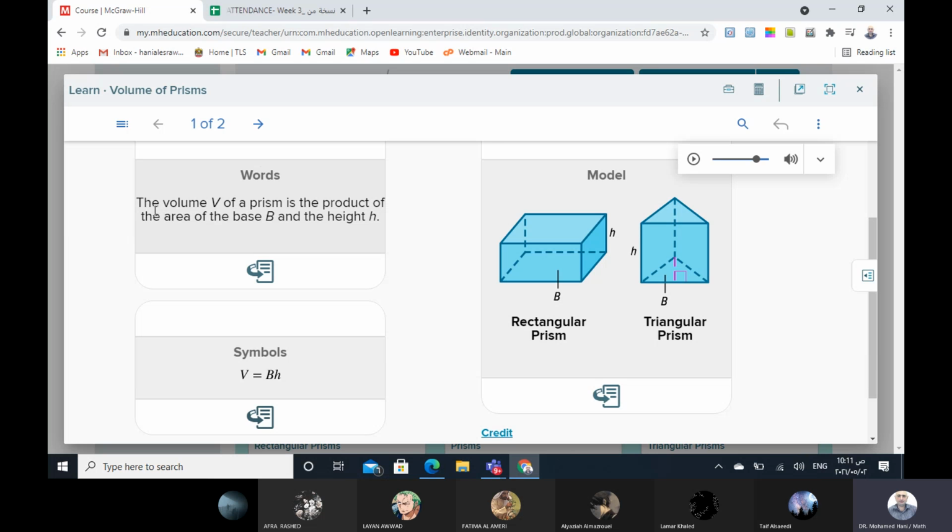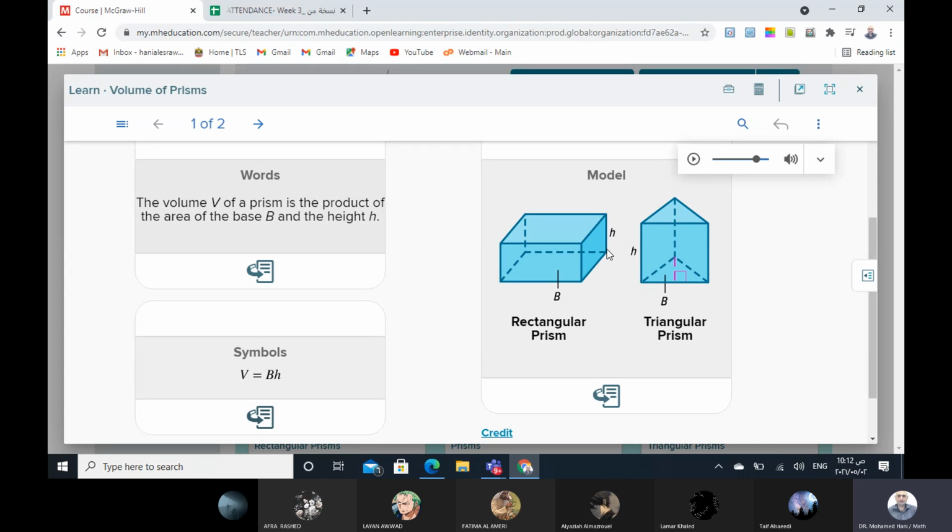So the volume, V means volume. The volume of a prism is the product of the area of the base B and the height H. When you multiply the area of the base by the height of the prism, you will get the volume. The volume comes from the three dimensions.